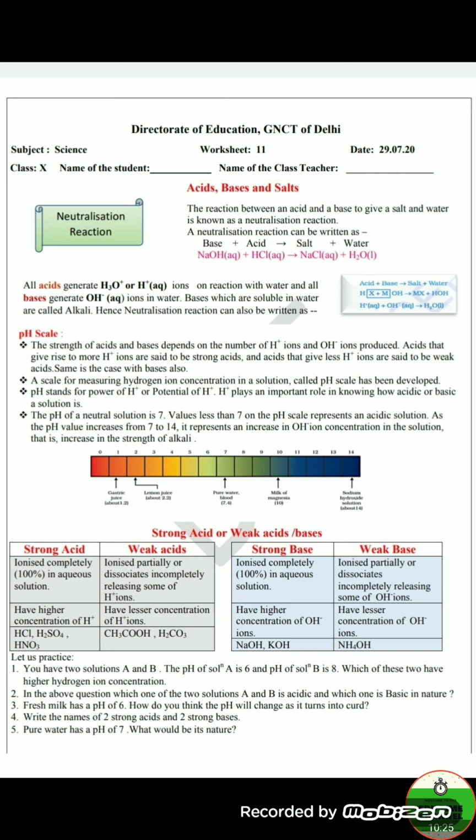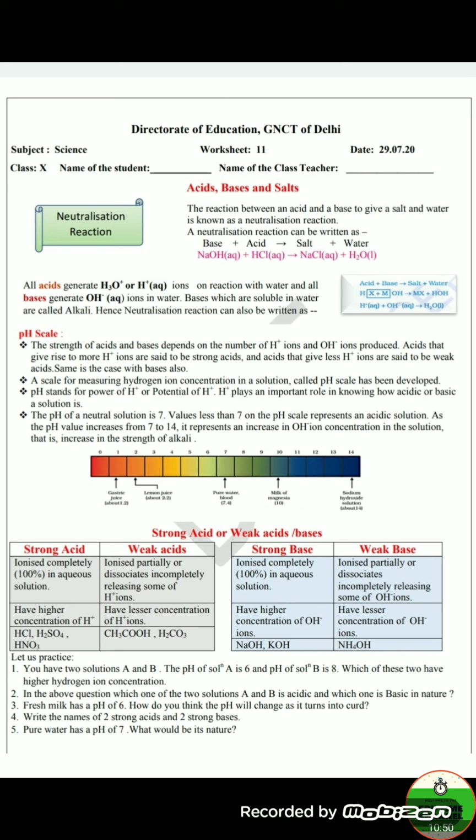So student, this is all about your worksheet 11, and now we will do question answers. First, you have two solutions A and B, and the pH of solution A is 6 and pH of solution B is 8.